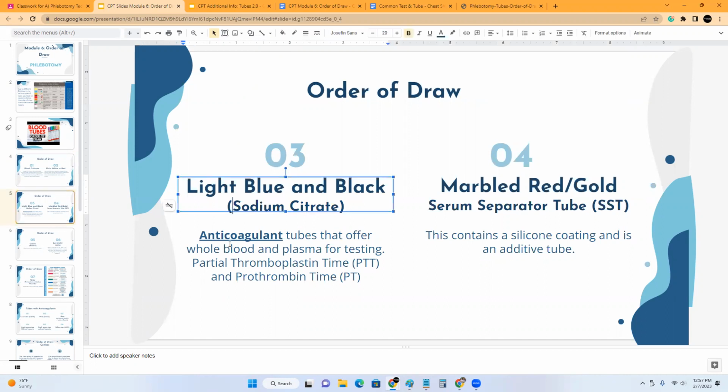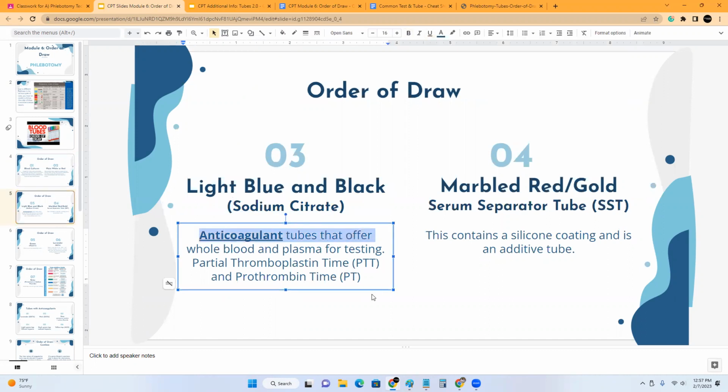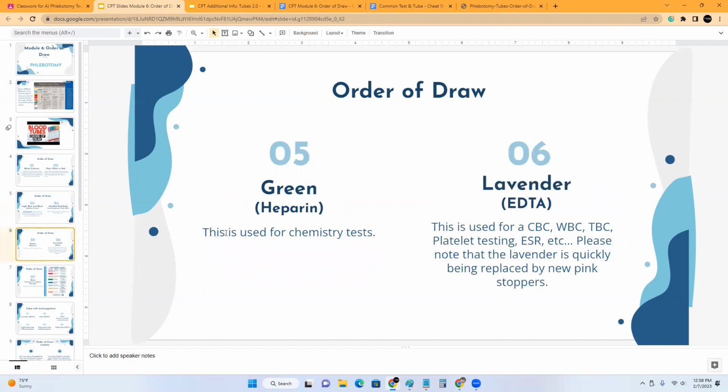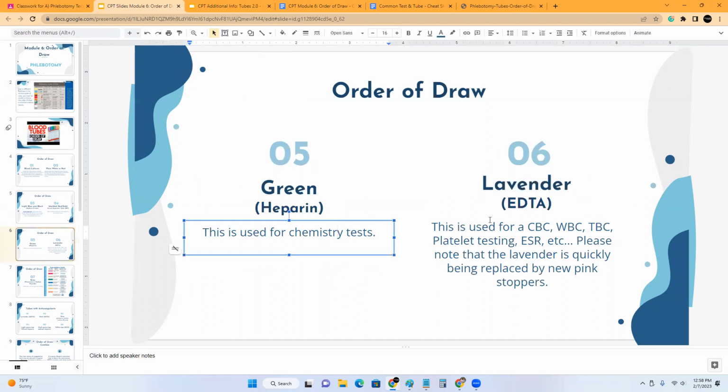These are your sodium citrate tubes, usually for anticoagulation studies like PT/INRs or INRs. The next one would be the rest of your red, gold, serum separators, all of those that have the additives with gel or without gel. Whatever the case is, if it's a serum separator with the silicone coating and the additive there, those go next. Green is the heparin, usually used for chemistry studies.